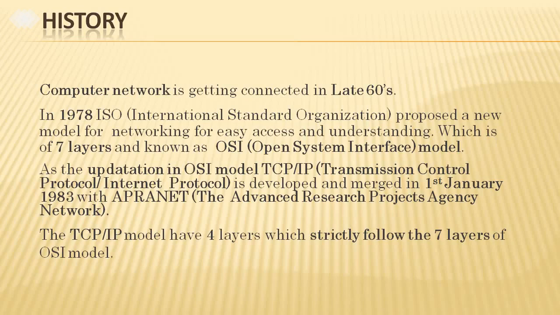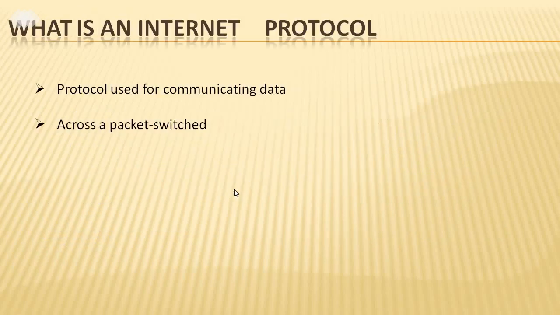This TCP/IP model has 4 layers, which closely follow the 7 layers of the OSI model. Now, what is an Internet Protocol?